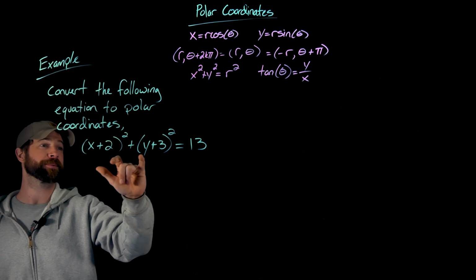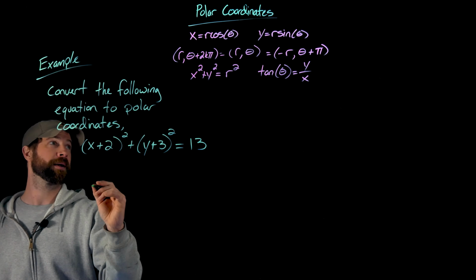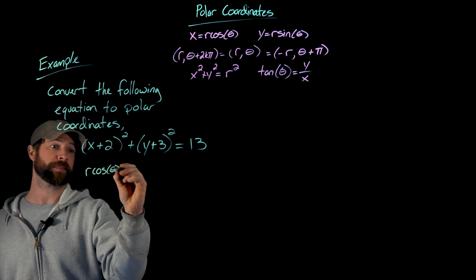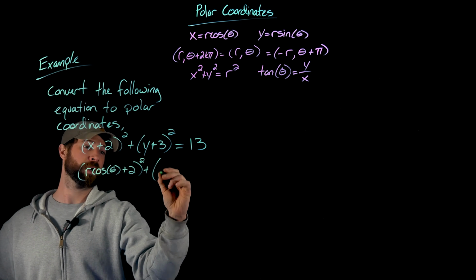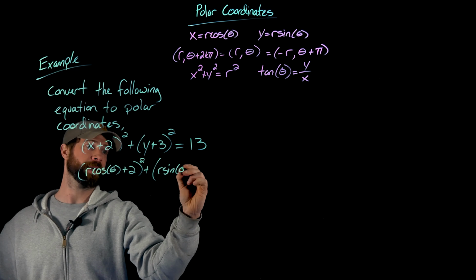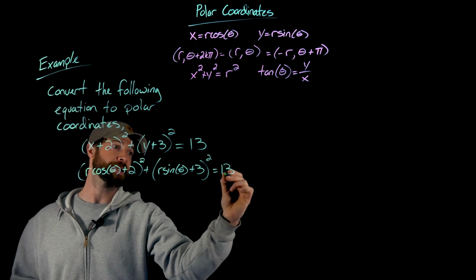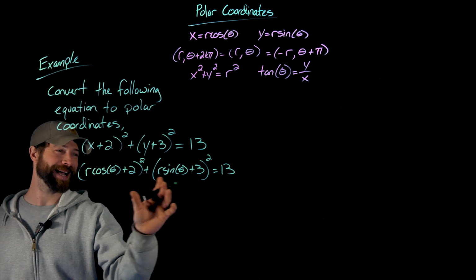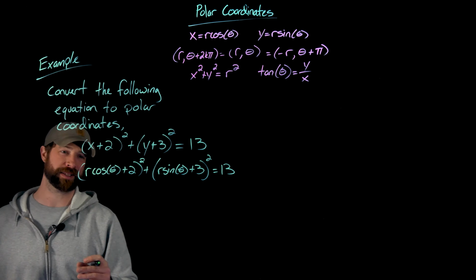My first step is simply to replace x and y with the representative polar coordinate expressions here. So this becomes (r cosine of theta plus 2) squared plus (r sine of theta plus 3) squared equals 13. Then what I'm going to do is expand these out. This is going to look a little nasty, but you'll see how it cleans up nice.